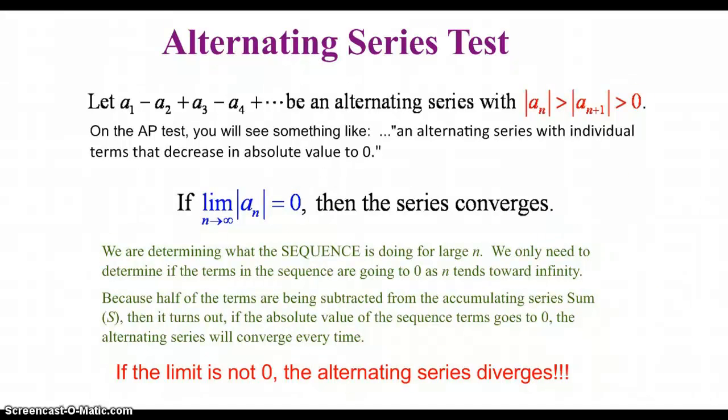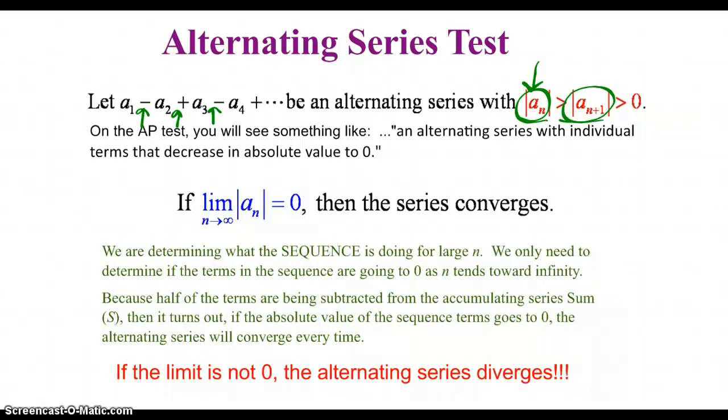So let's look at the alternating series test. This says, let a sub 1 minus a sub 2 plus a sub 3 minus a sub 4 and so on be an alternating series with the magnitude, the value, regardless of the sign in front of it, regardless of whether it's a positive or negative sign, the magnitude of the terms is getting smaller.